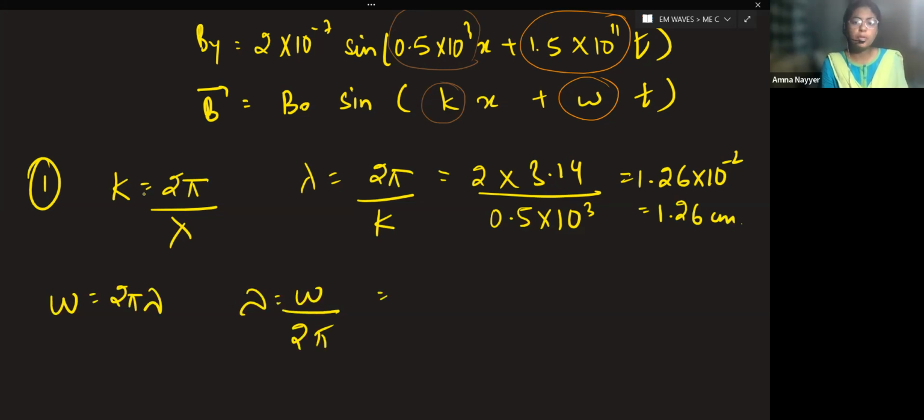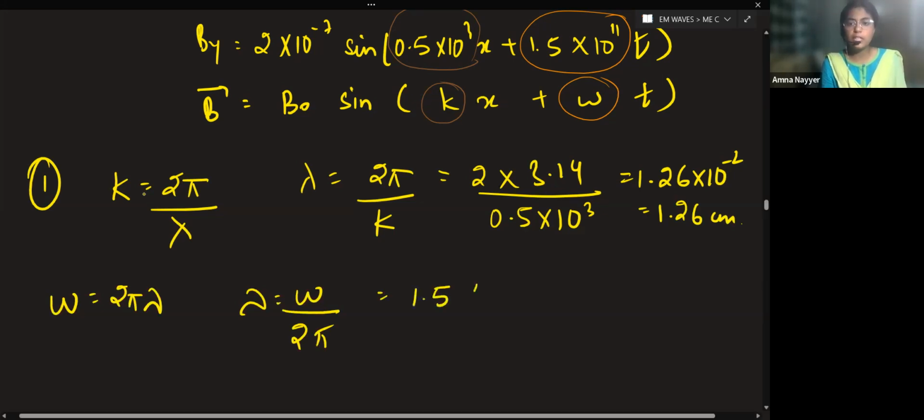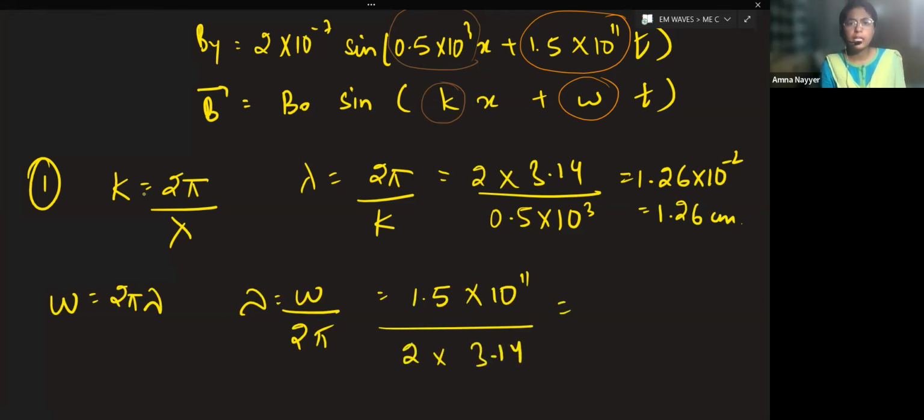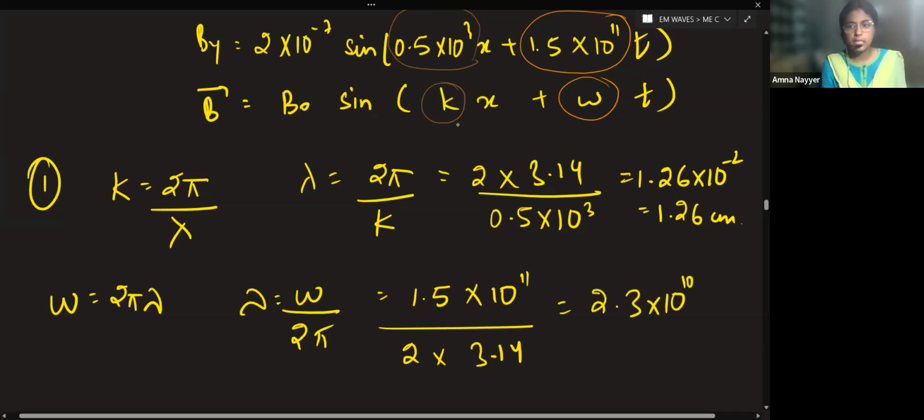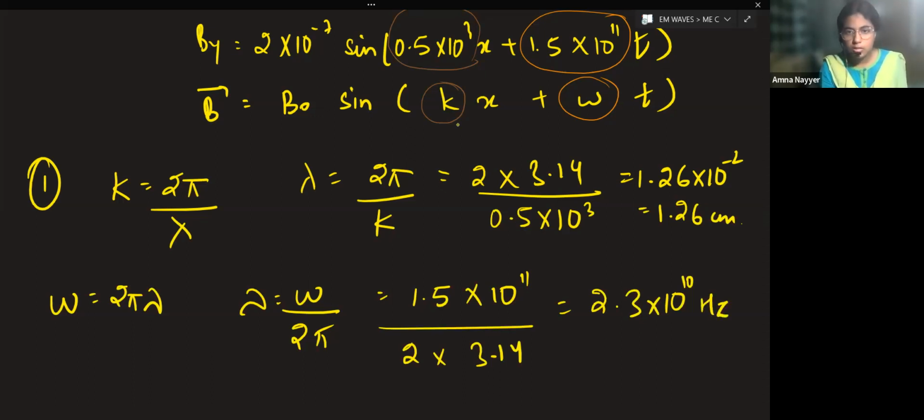Omega from this equation, you can write it as 1.5 into 10 to the power 11 divided by 2 into 3.14. So that will come out to be 2.3 into 10 to the power 10 hertz. Yes, Krishna, first part is correct.